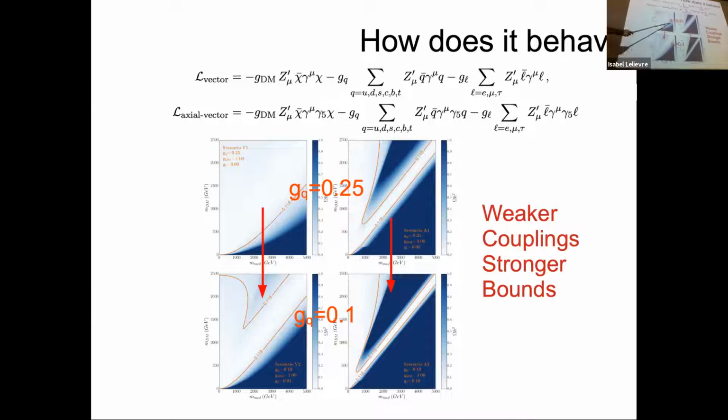And then what you can do is start varying other things. So you can vary the coupling to the standard model, and you can see that your bounds get stronger. This line here is the region within which you wouldn't overclose the universe. And you can see that this bound has actually shrunk. These axes are the same. The left is for vector mediator, the right is for an axial vector mediator. You can see that it shrinks.